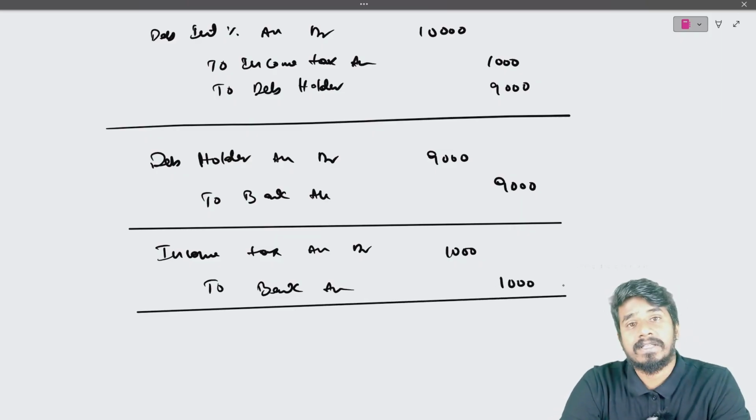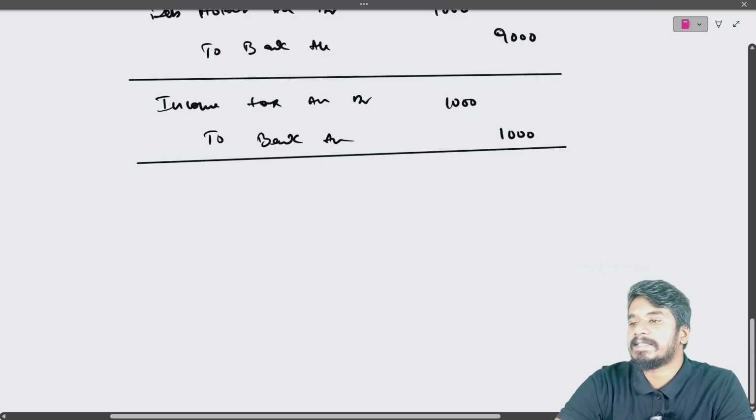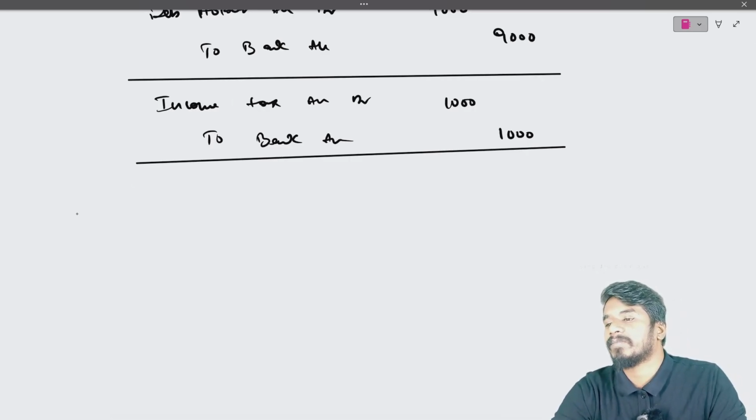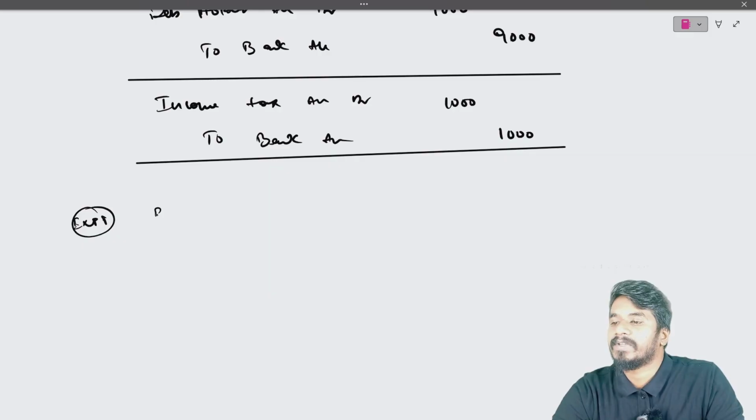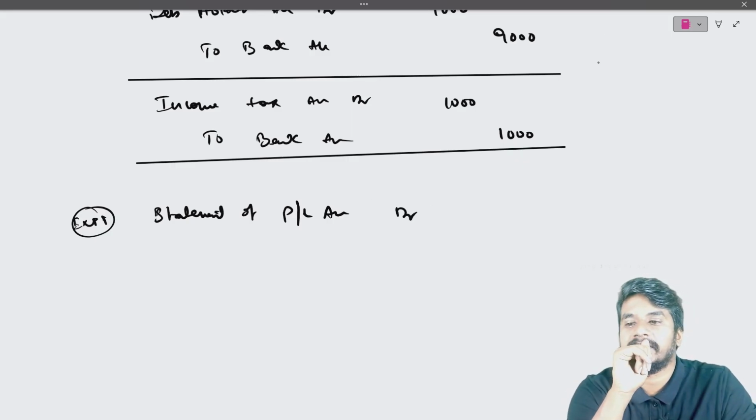Now, after all this, we need to charge this expense to the P&L account. So if expense is increasing in the P&L account, obviously the P&L account will get debited. Statement of profit and loss account will get debited. For how much?